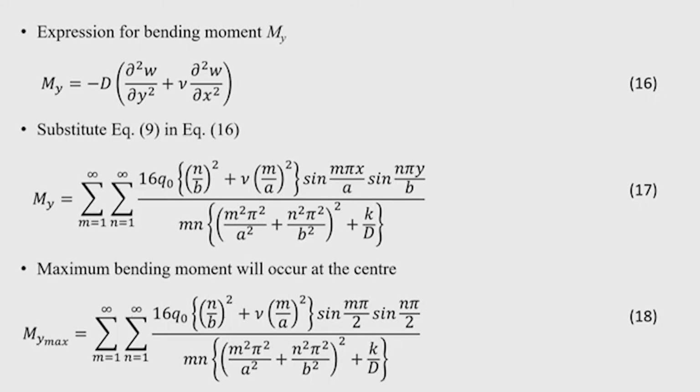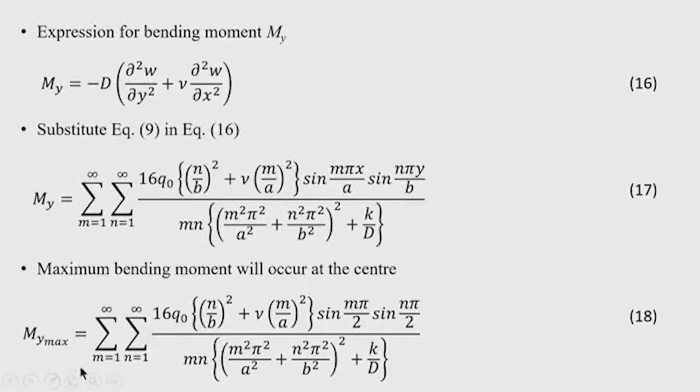Knowing the deflected surface w, here we call it surface because it is a 2 dimensional problem, we can find the second derivative with respect to x and with respect to y, and then after substituting in expression 16, we can find the expression for M_y.